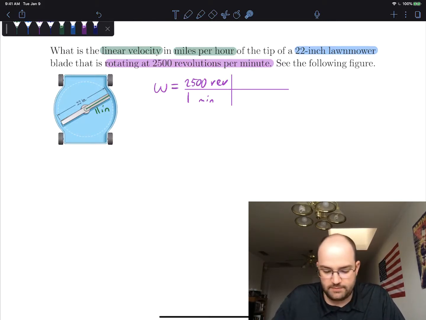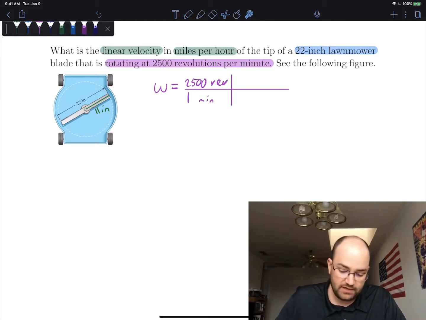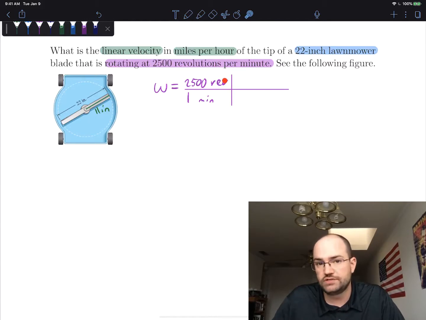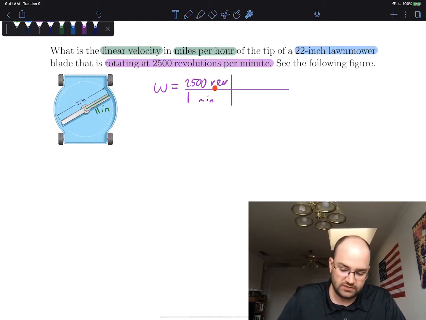Miles per hour is what we want our units to be, but that means that we need the denominator for the angular velocity to be in hours. And so we need to convert from minutes to hours here. But we also need to convert from revolutions into radians.